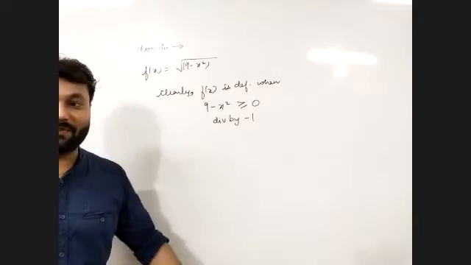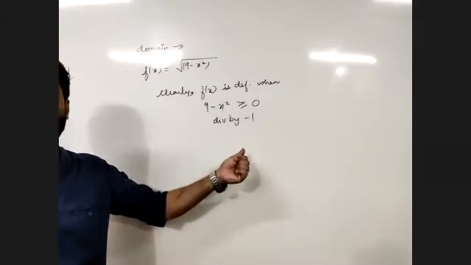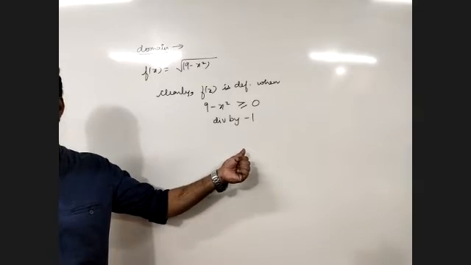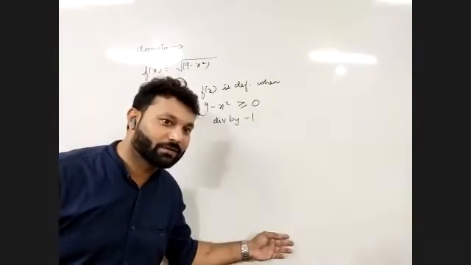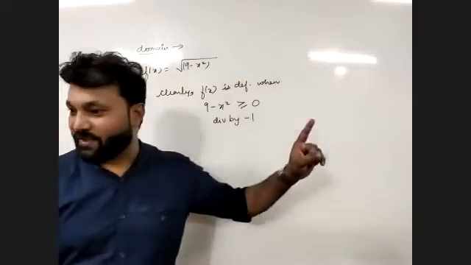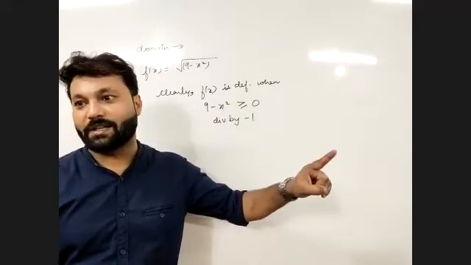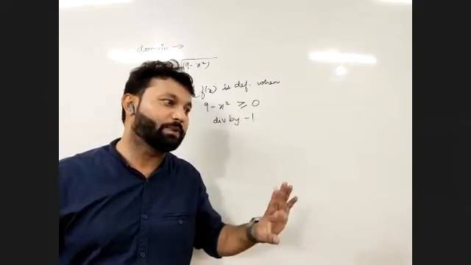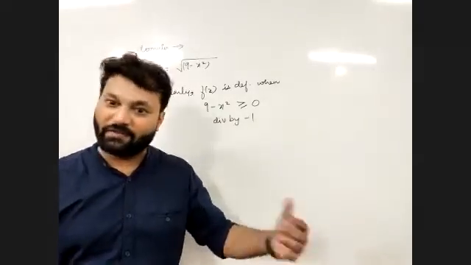It will be reversed because we are dividing by a minus sign. But what is the logic? To make x square positive. If you remember, the first step was x minus alpha, x minus beta, that is the coefficient of x square should be positive. So if it is not, we have to make it positive. That's the reason.